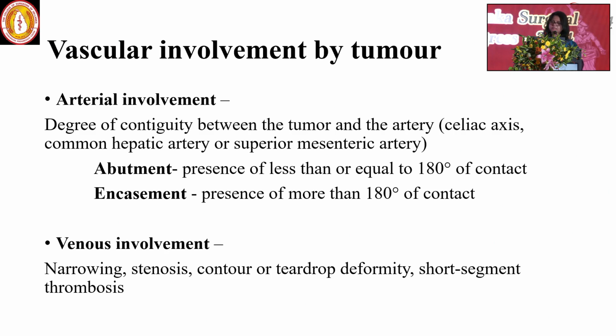If it is more than half the circumference, more than 180 degrees of contact, we call it an encasement. Venous involvement is also like that, but veins are a bit compressible and flexible. So they can get narrowed, displaced or stenosed, and contour deformities like the teardrop deformity and thrombosis are the venous involvement changes that we look for in the imaging.